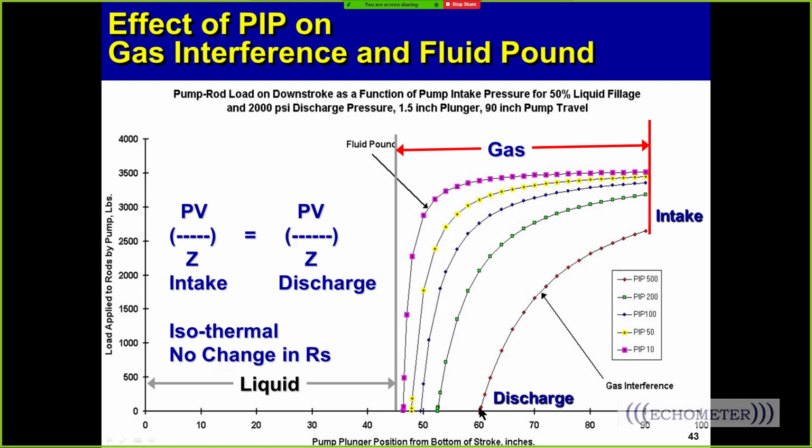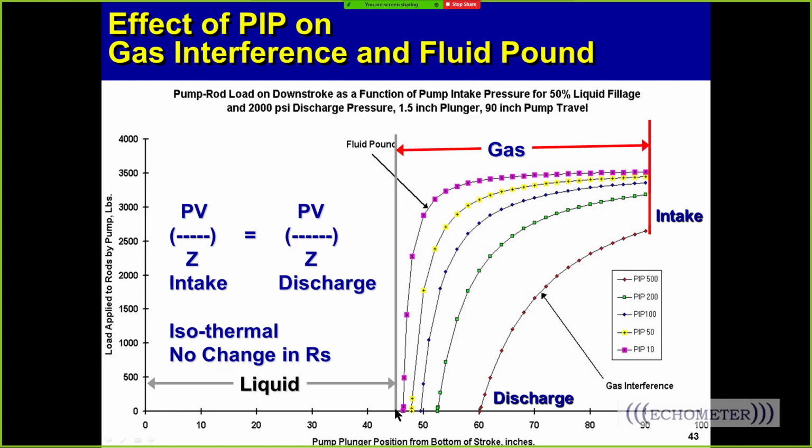And the trailing valve opens on the downstroke. In this case, if the pump's half full of liquid, then the trailing valve is about 15 inches away from the liquid level, if the liquid is all at the bottom of the plunger inside the pump chamber. So there's 15 inches of liquid and 45 inches of gas.